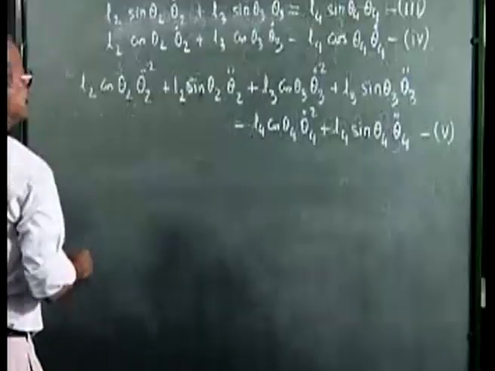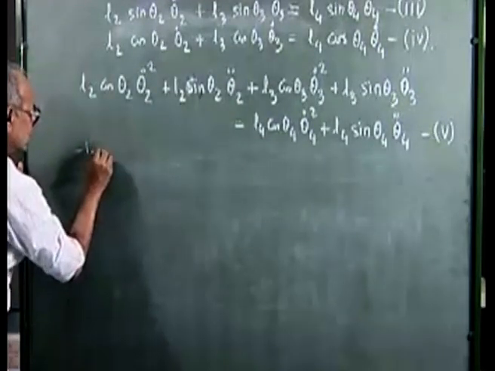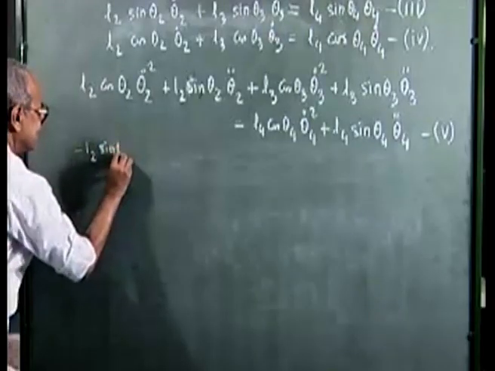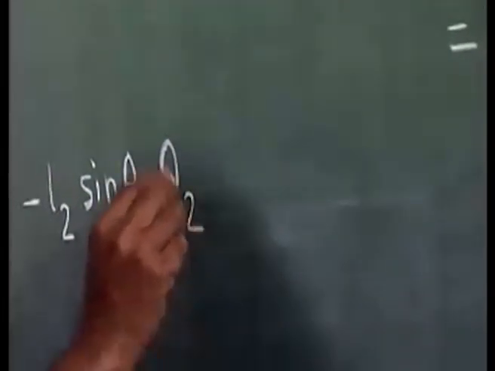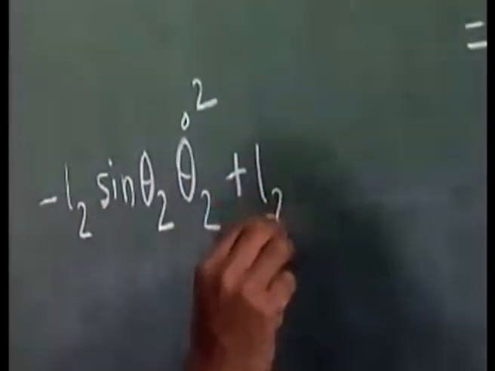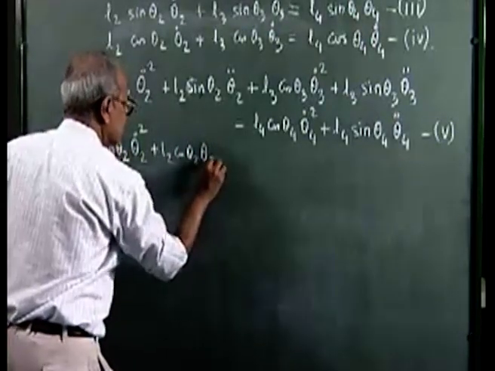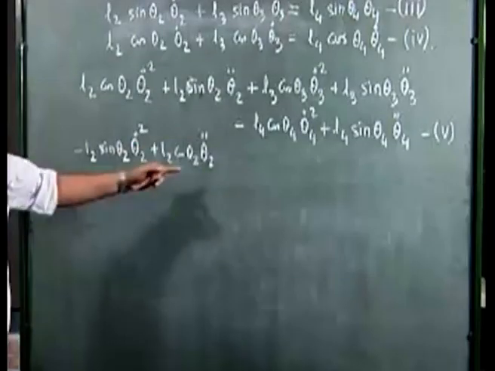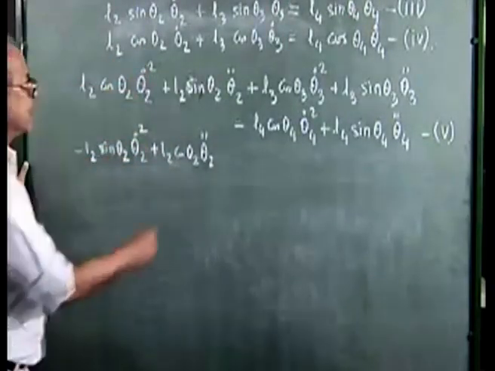Similarly, from the second equation I get minus L2 sine theta 2 dot squared plus L2 cosine theta 2 double dot. These two terms I get by differentiating this first term with respect to time.